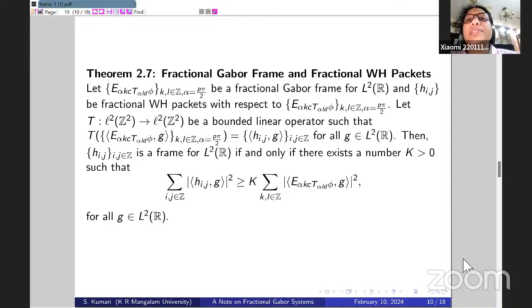Then H_ij, where i, j are integers, is a frame for L2(R) if and only if there exists a positive number k such that the sum of the squared modulus of the inner product of H_ij and g is greater than k times the sum of the squared modulus of the inner product of E_{αKc} T_{αLd} φ and g, for all g in L2(R).